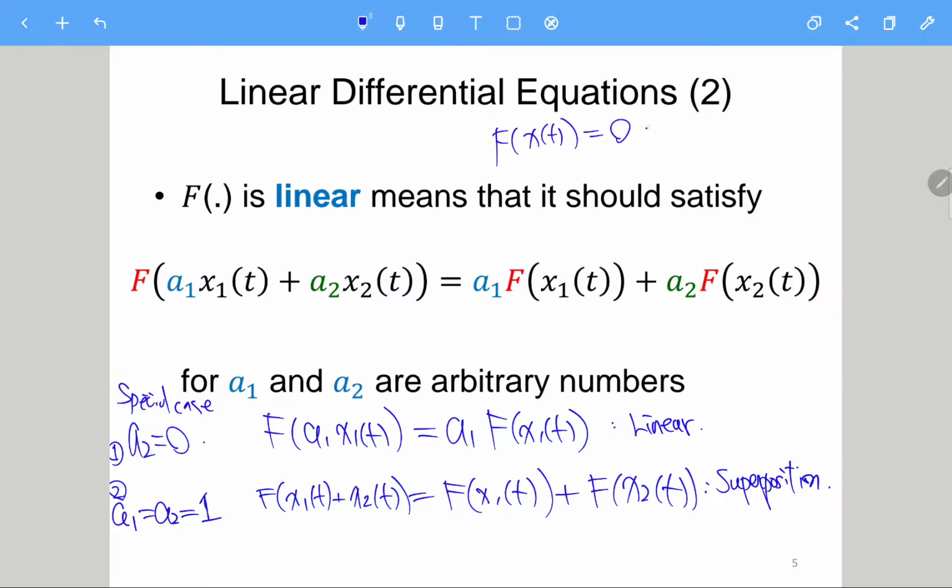Now we have 0 on the right hand side for the homogeneous solution. And of course we have x1 as a solution, and x2 of t also as a solution, which means that this is 0 and this is 0, and in this case this is also 0, right? No matter what A1 and A2 are, the right hand side is 0, and we will find that this is also a solution.